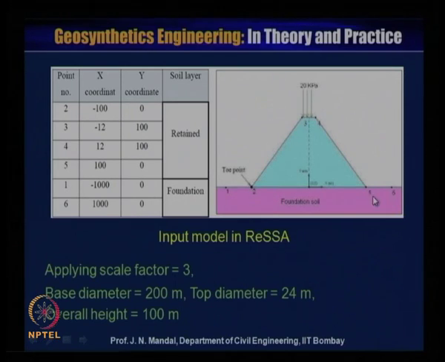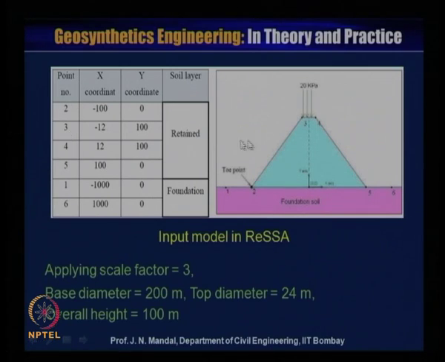If the scale factor is 3, basically it is 600. By applying the scale factor, the base diameter will be 200 and the top diameter will be 24 meter and the overall height will be 100. Otherwise, this would be 300, this would be 600 and this would be 48. So for point 2, x coordinate is minus 100 and y is 0.